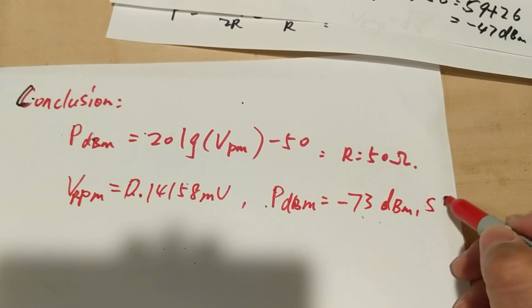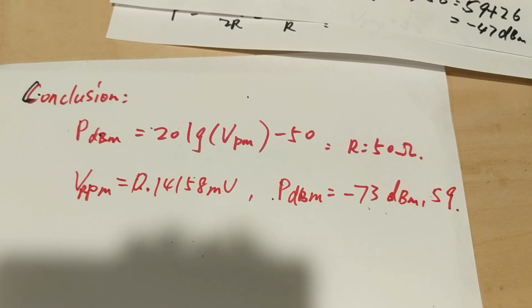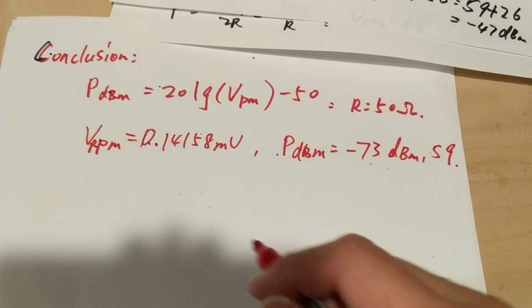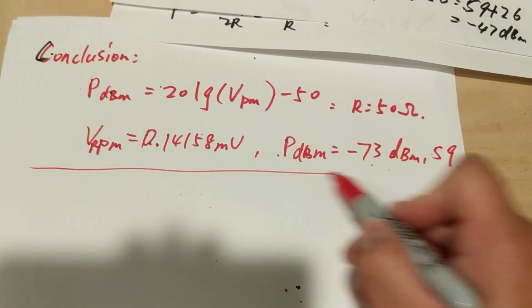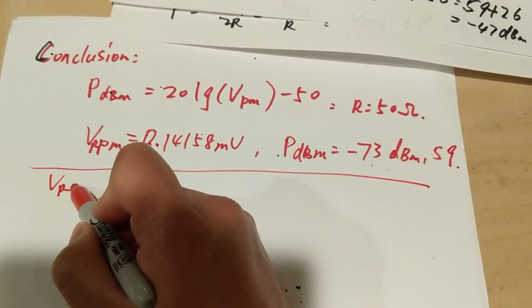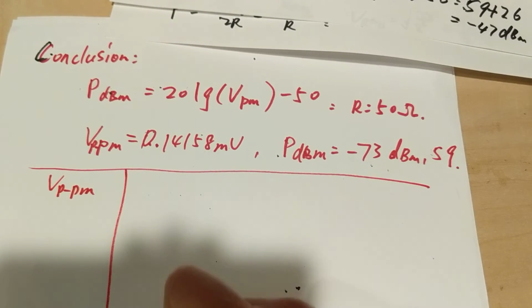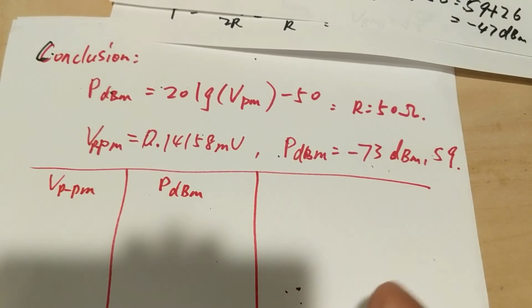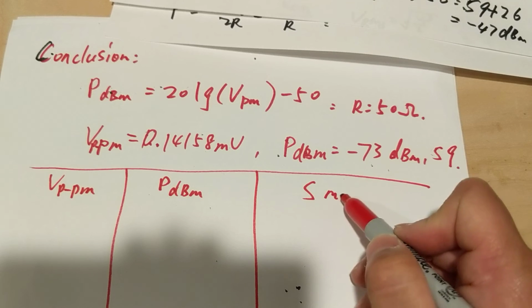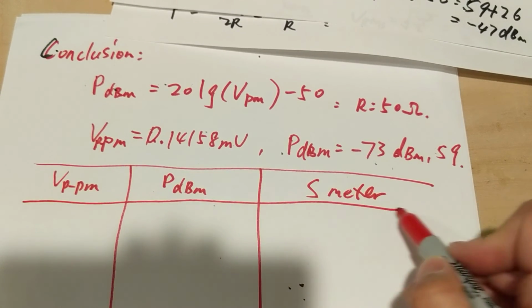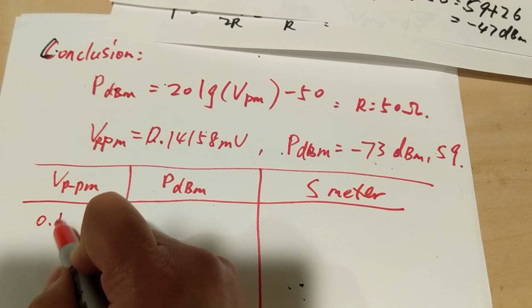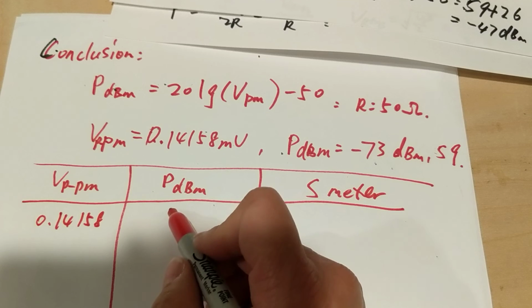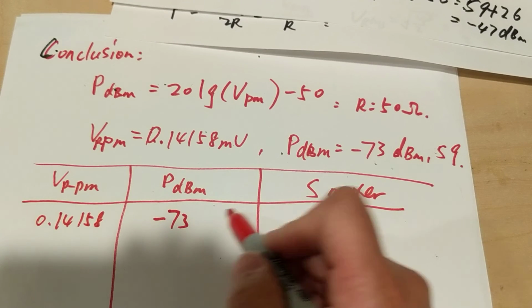Oh, this is S9. Actually, let me rewrite this table: V_p-p in millivolts, P in dBm, and S meter.